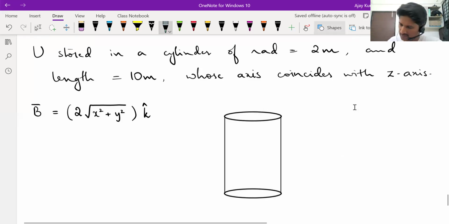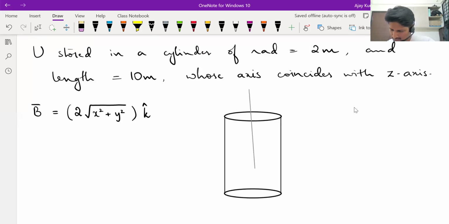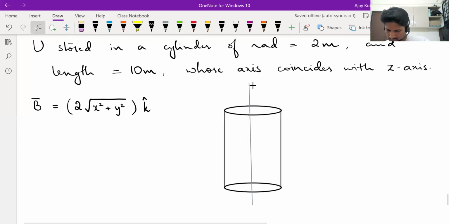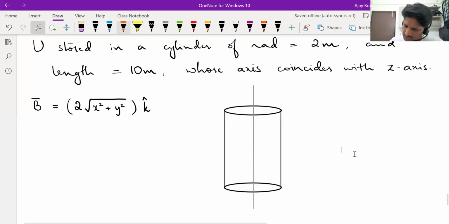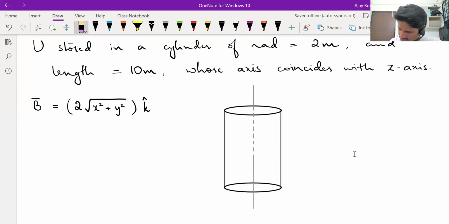Assume this is the cylinder. This is its axis. The axis is the z-axis. These points are inside the cylinder.